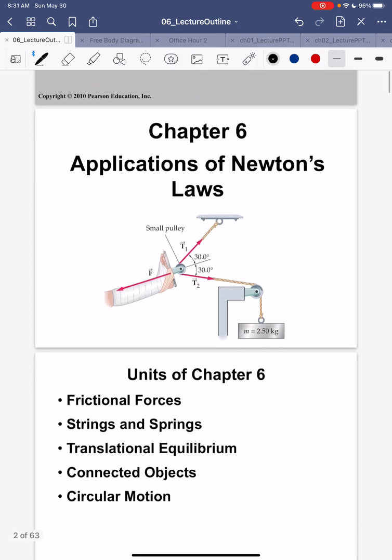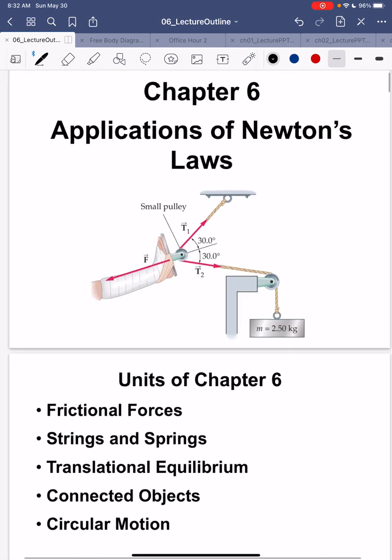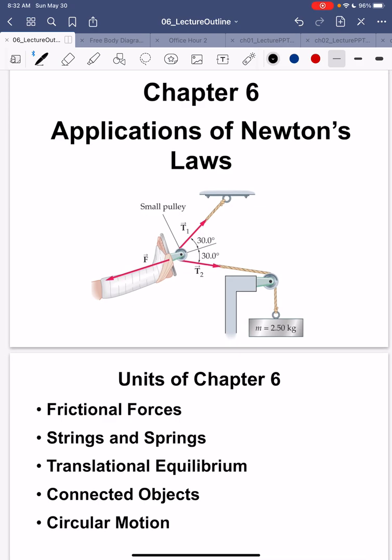Now, I will say one of the situations, look here, it's looking maybe complicated a little bit, so many forces acting, but we will try to analyze it and find out how to calculate maybe one of these forces.